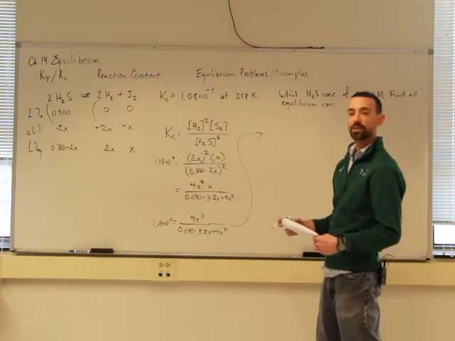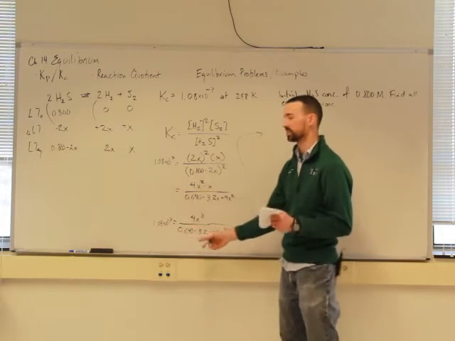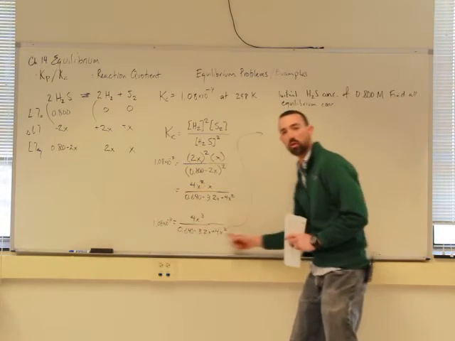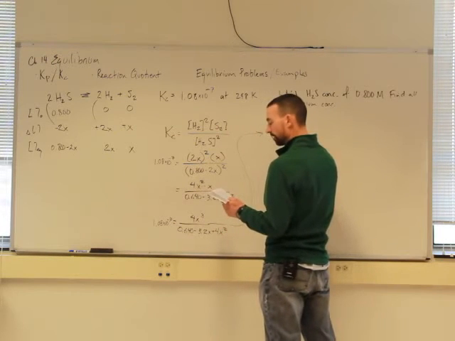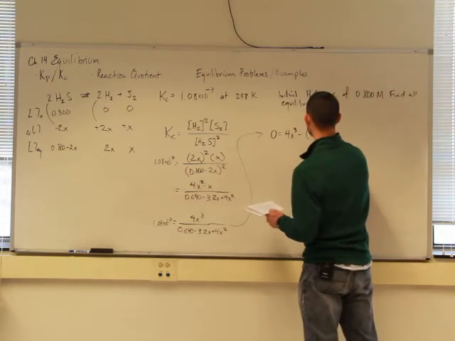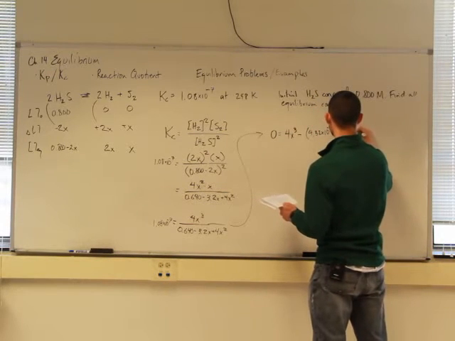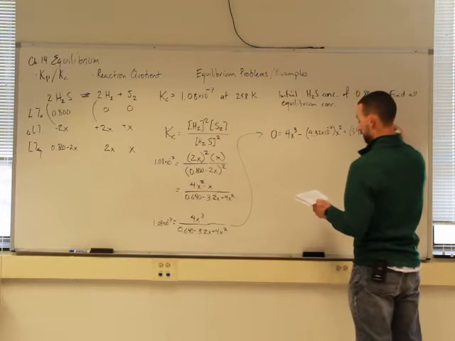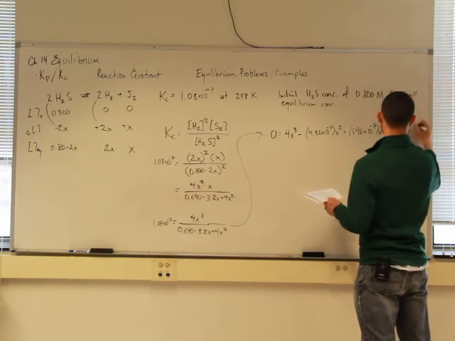When I take the denominator over, like I did last example, and combine all my terms together, I will end up with an equation that looks like this: 0 equals 4x cubed minus 4.32 times 10 to the negative 7 x squared plus 3.46 times 10 to the minus 7 x minus 6.91 times 10 to the minus 8.